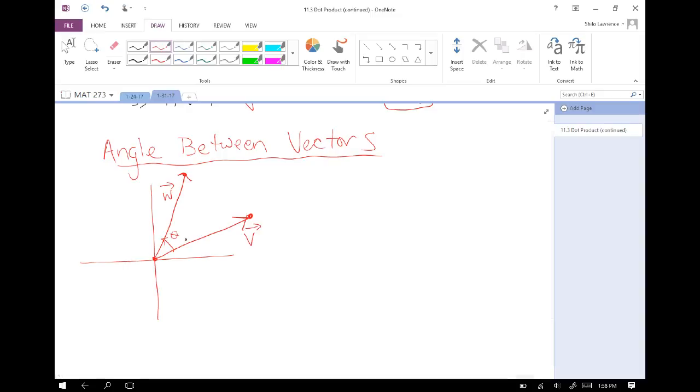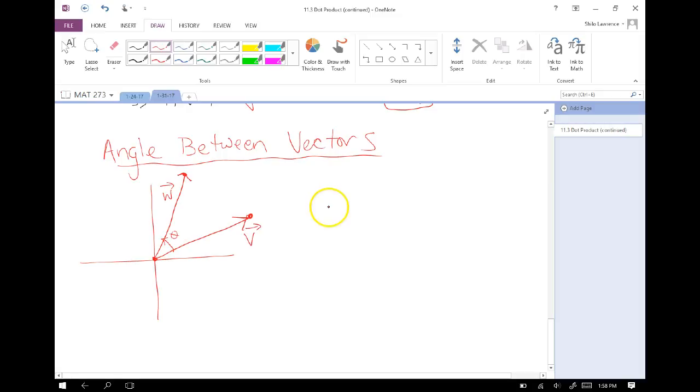So V all by itself has a direction angle. W all by itself has a direction angle. But the angle between them would be the difference between those 2 angles. And there's a way we could just do this with trigonometry. It would be a multi-step process of finding V's angle and then finding W's angle and then comparing them.